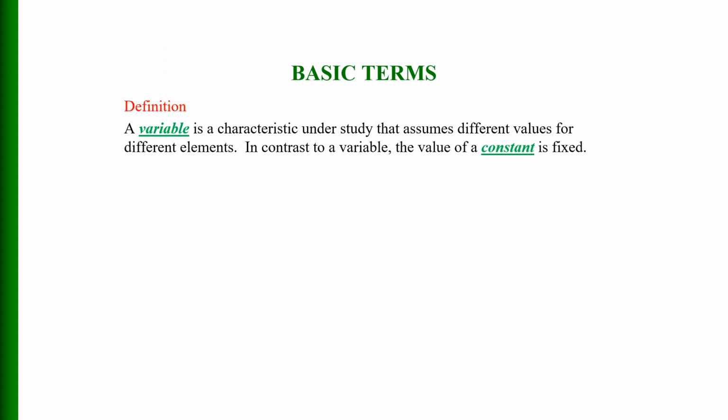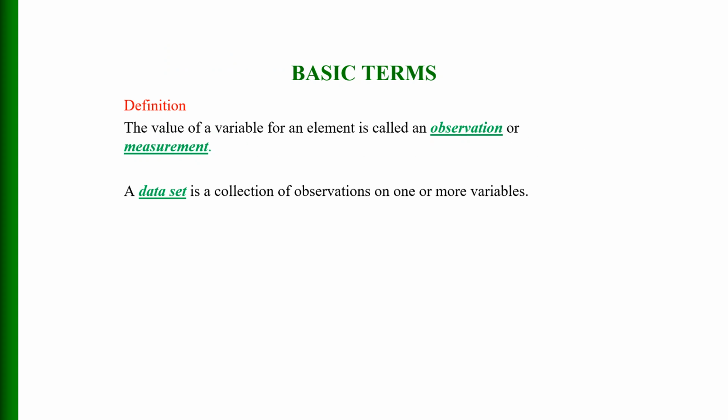A variable is a characteristic under study that assumes different values for different elements. In contrast to a variable, the value of a constant is fixed. The value of a variable for an element is called an observation or measurement. A dataset is a collection of observations on one or more variables.